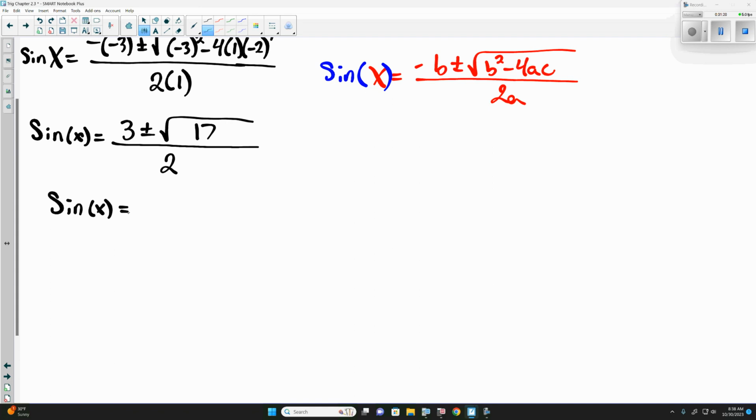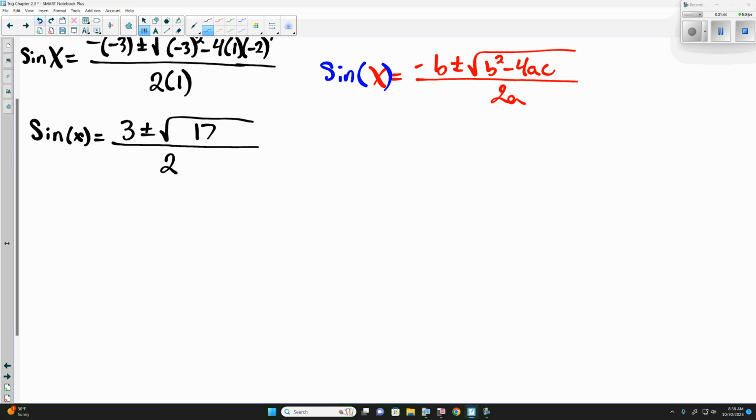Now the question is, can we reduce the square root of 17? Well, no, 17 is prime. Even if it wasn't prime, 17 does not have any perfect square factors, so 4, 9, any of these here.